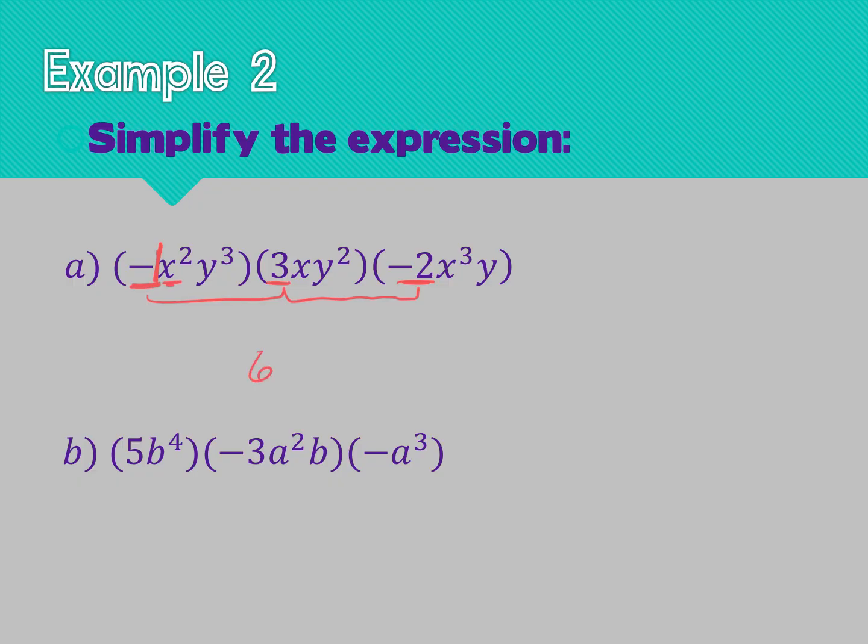And then just like before, I can do x times x times x. And that is going to get me x to the second plus 1 plus 3 is going to get me x to the sixth. All right, and then y times y times y. So y to the third plus 2 plus 1 is going to get me y to the sixth.